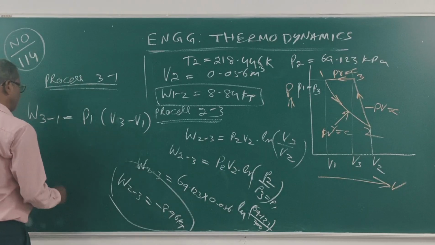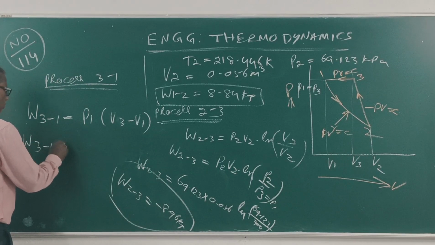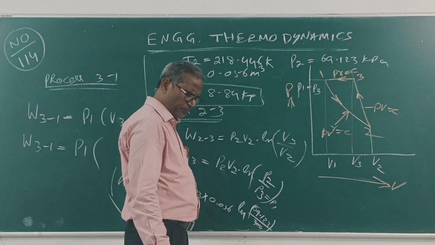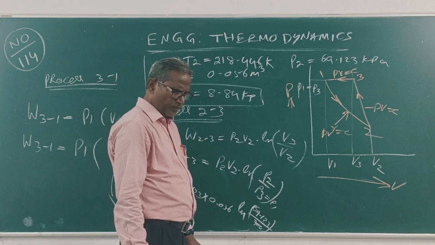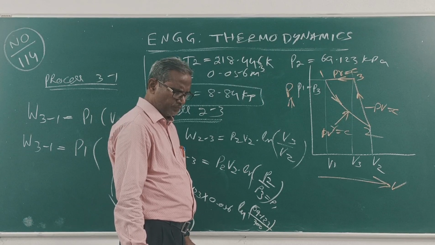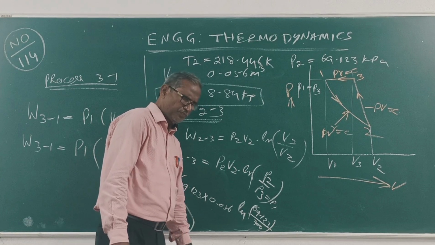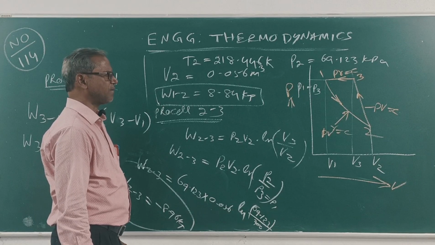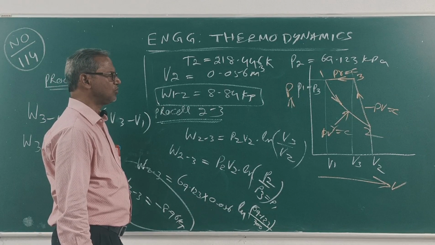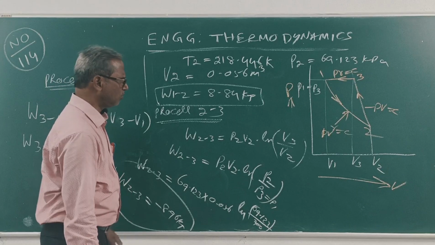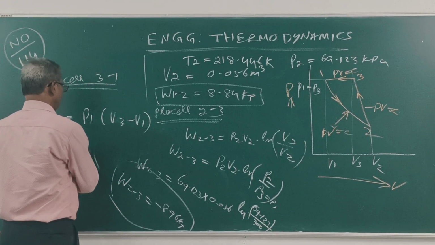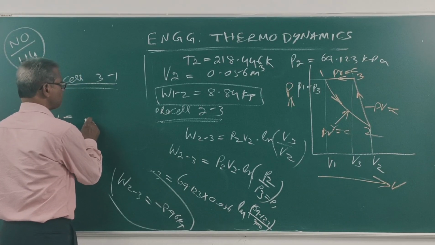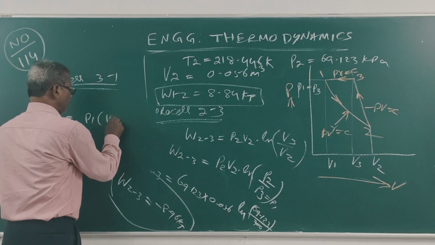So W31 is equal to P1 into V3 minus V1. This is a compression process, so the answer will be negative, or you use this equation, P1 into V1 minus V3.